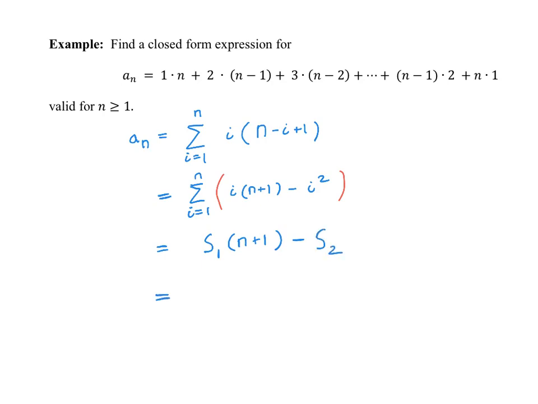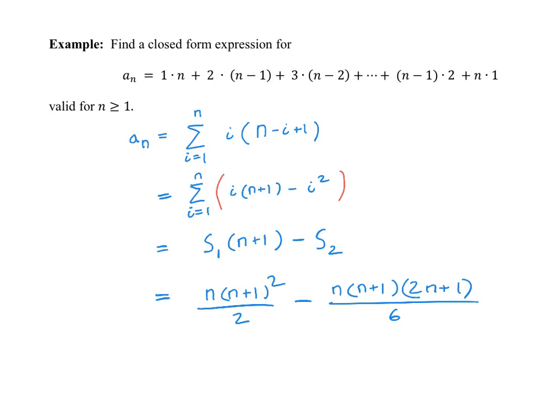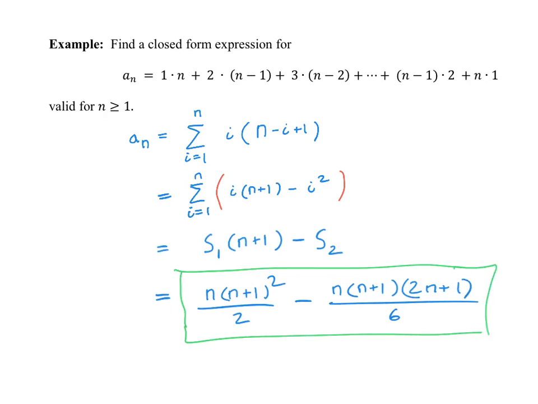So if we think back to our previous video, s sub 1 was n multiplied by n plus 1, divided by 2, and s sub 2 was n multiplied by n plus 1 multiplied by 2n plus 1, all divided by 6. So now we have a beautiful looking closed form of this possibly more ugly form that we started out with.